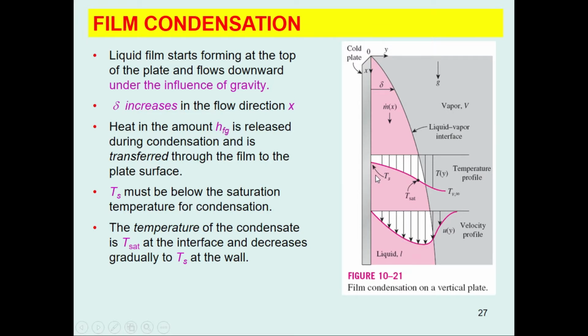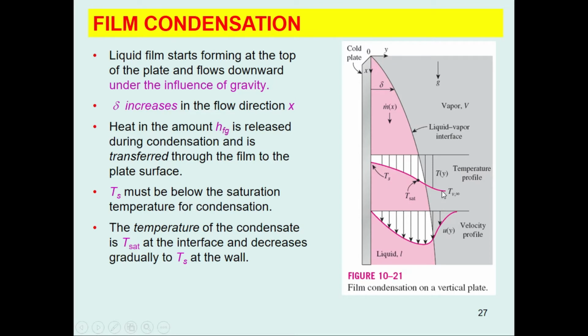Similarly, the surface temperature is Ts, which is far lower, and the temperature of the vapor is very high. Because of this temperature difference, with the surface temperature very low and the temperature of the vapors very high, this temperature profile will be developed.